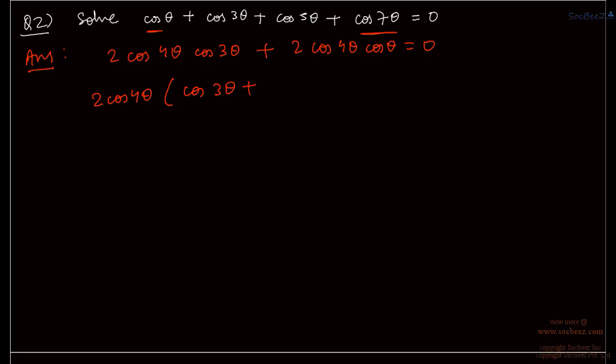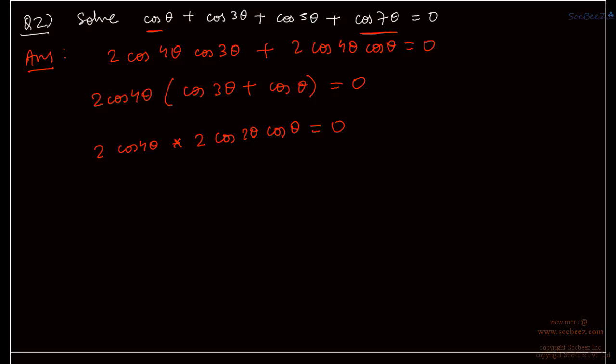and we have cos 3 theta plus cos theta now. So again combining them, we get 2 times cos of 2 theta times cos theta.